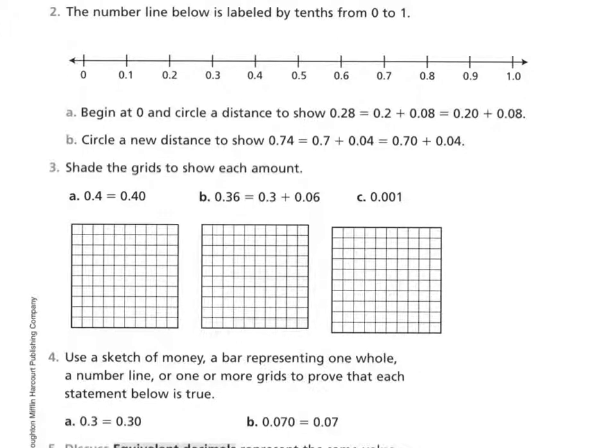Okay, welcome back. Let's see how you did. We're supposed to circle 74 hundredths, yet we have a number line that doesn't show us hundredths. So what I want to do first is visualize the hundredths place. I could just visualize it, or I could make it a little easier by trying to do my best here to create 10 equal spaces in between each of my tenths, because 10 times 10 is 100.